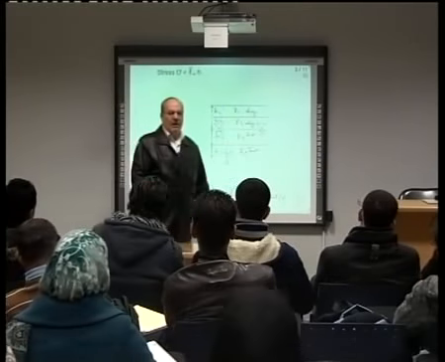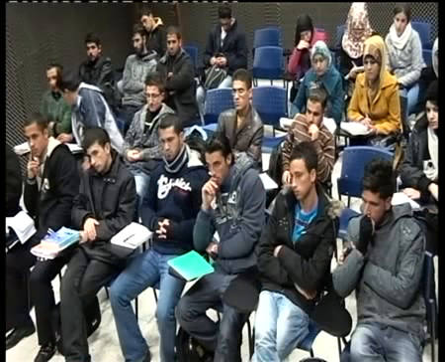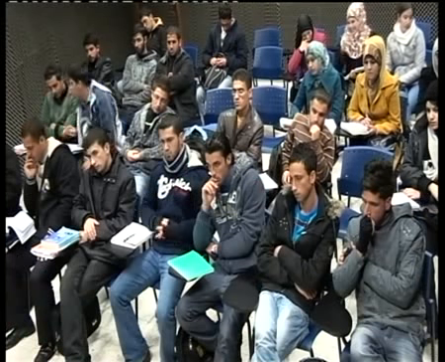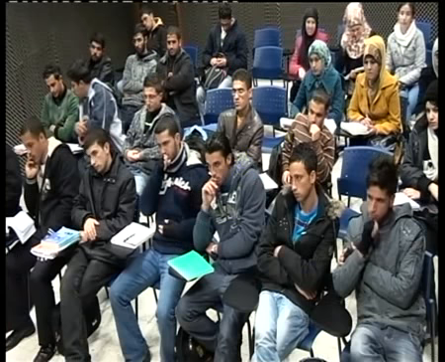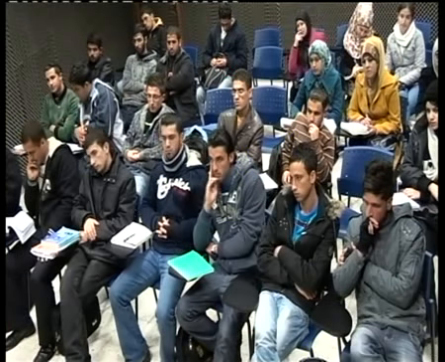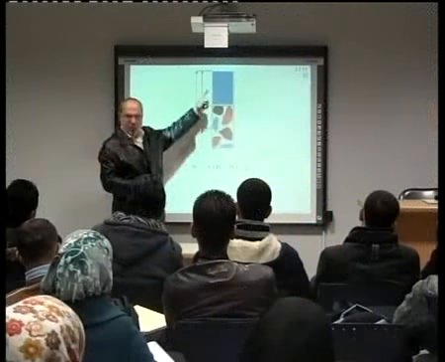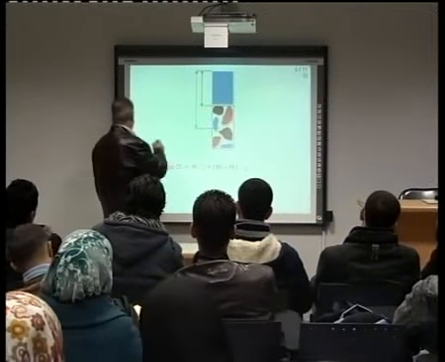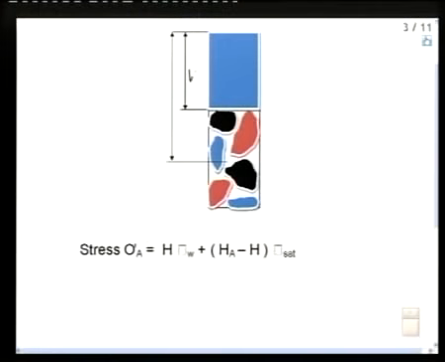Now, if we have this condition, okay, this condition says that I have water above soil, okay, water above soil. The height of water is H1, and the height of this point in soil is HA. This is point A, right?